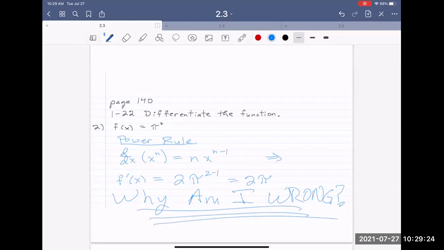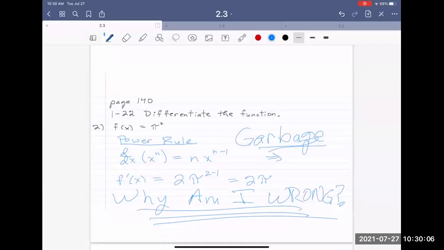What did I do wrong? Why am I writing garbage? What is wrong? Remember, whenever you use formulas, you must rewrite everything exactly in terms of the assumptions of exactly the same form so that you can use the rule.